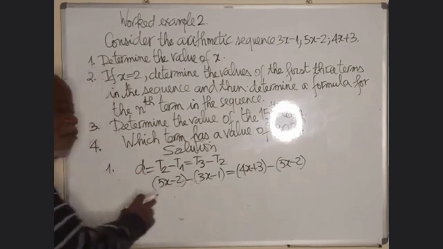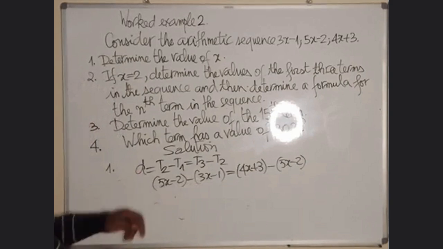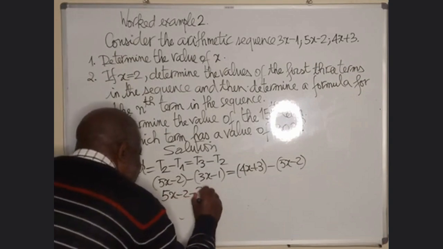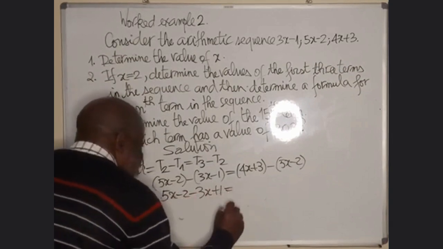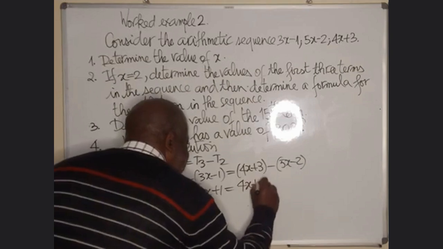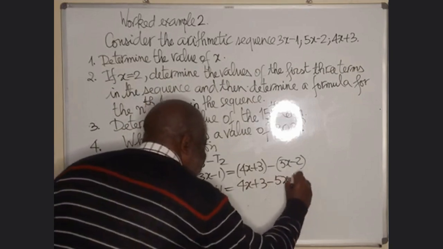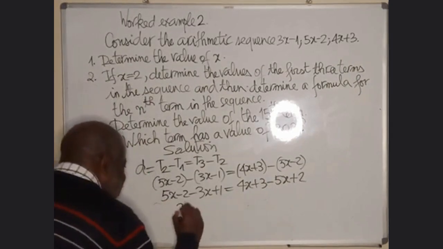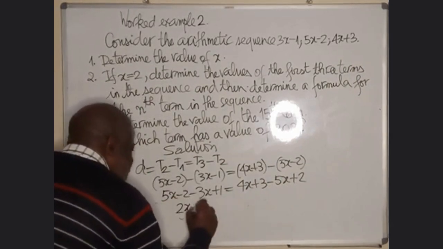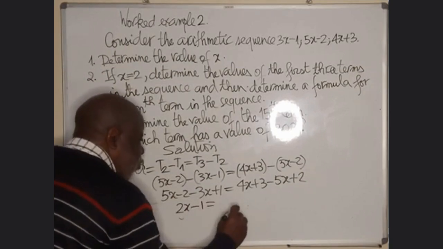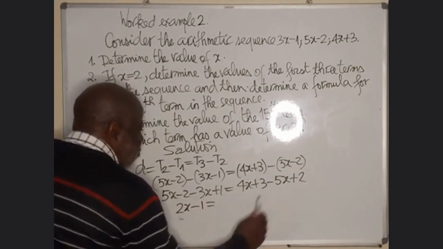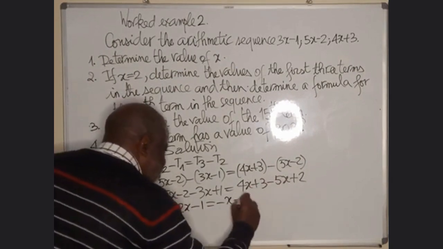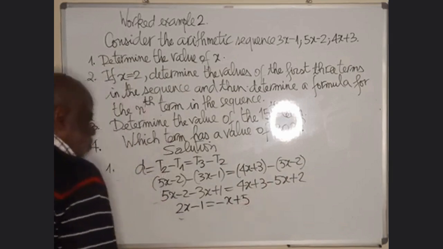So we're going to remove the bracket in order for us to get the value of x. 5x minus 2 minus 3x plus 1 will be equal to 4x plus 3 minus 5x plus 2. 5x minus 3x, we get 2x minus 2 plus 1, then we're going to get minus 1, it will be equal to 4x minus 5x, we get minus x, plus 3 plus 2, then it's going to be plus 5.